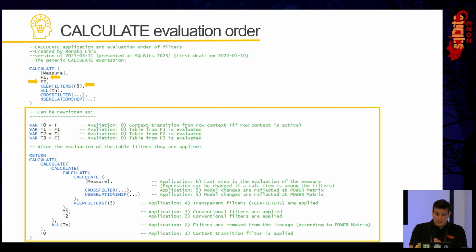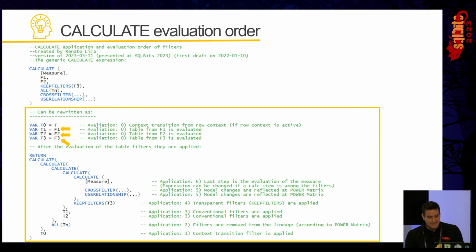Those filters, they first are, sorry for the English, I first wrote it in Portuguese and then wrongly translated. So those three filters are assigned to a variable. They are materialized. And if there is any row context active, this row context is actually translated into a new table.